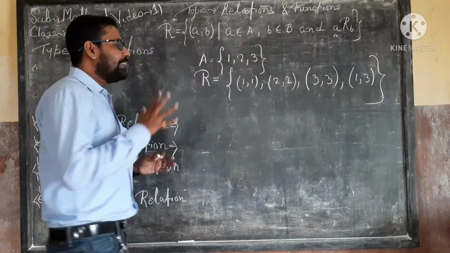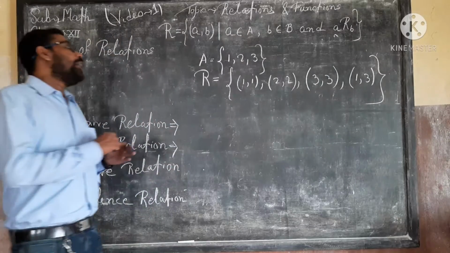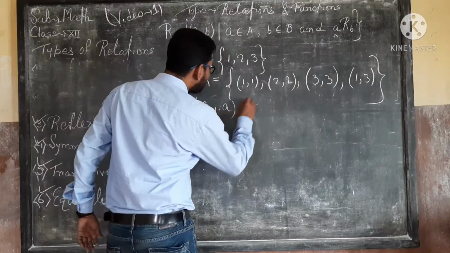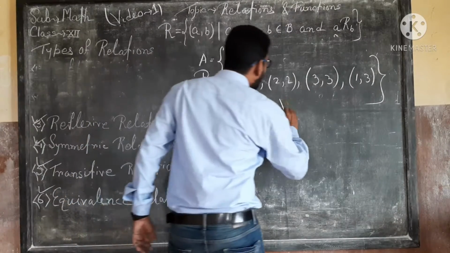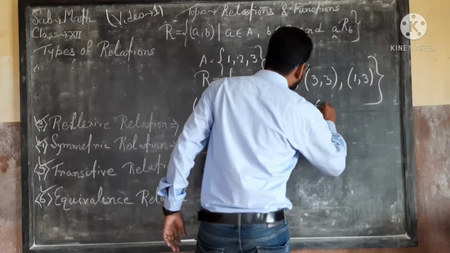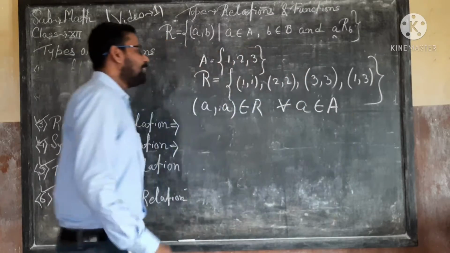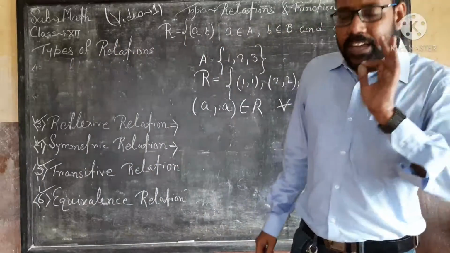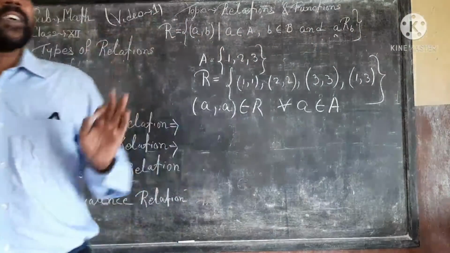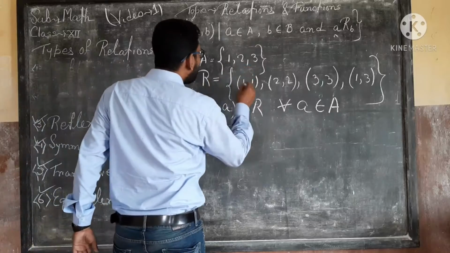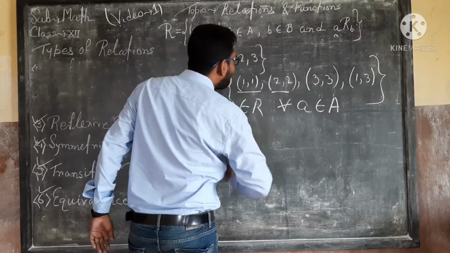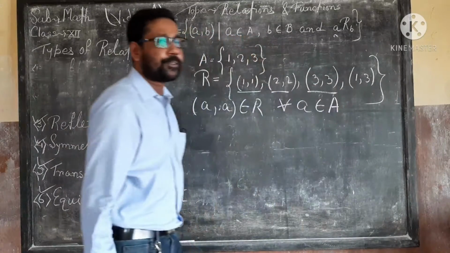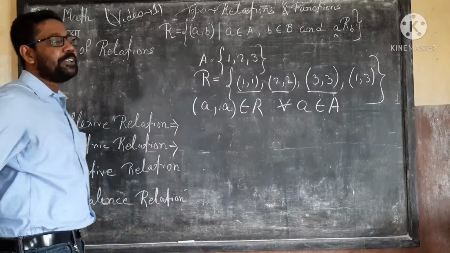So what is the reflexive criteria? (a, a) belongs to R for all a belongs to A. That means for each and every element which belongs to a particular set A, this type of ordered pair (1, 1), (2, 2) and (3, 3), all these ordered pairs also belong to this particular relation.